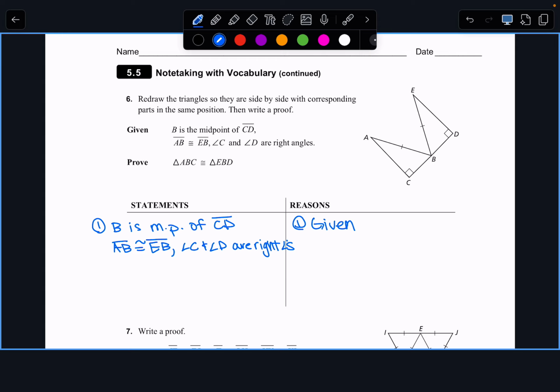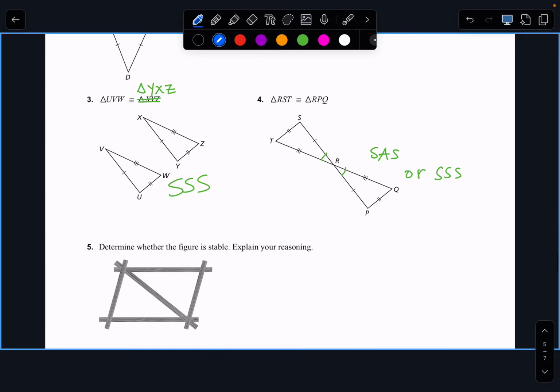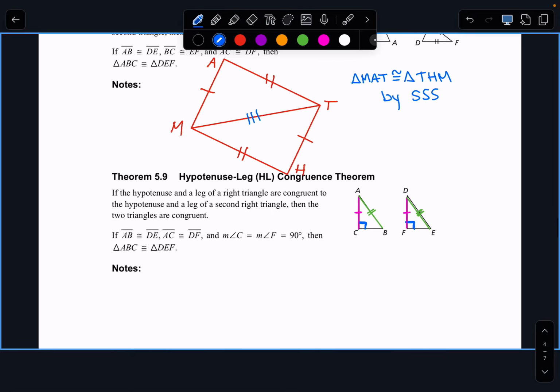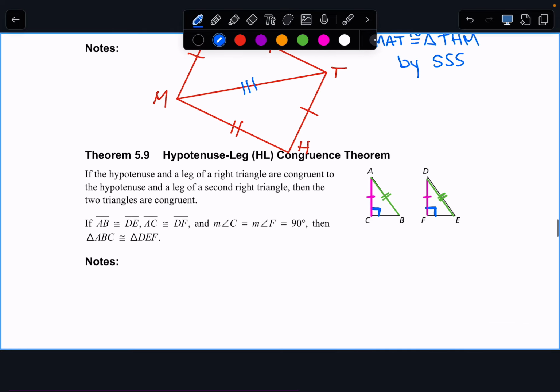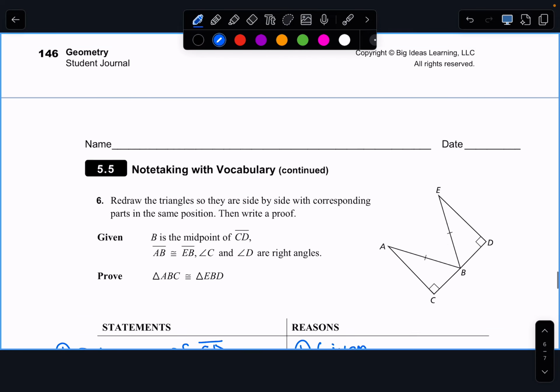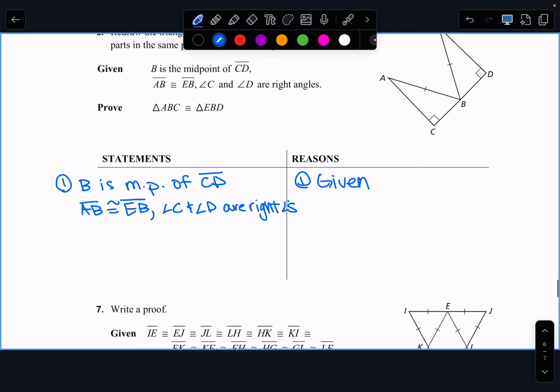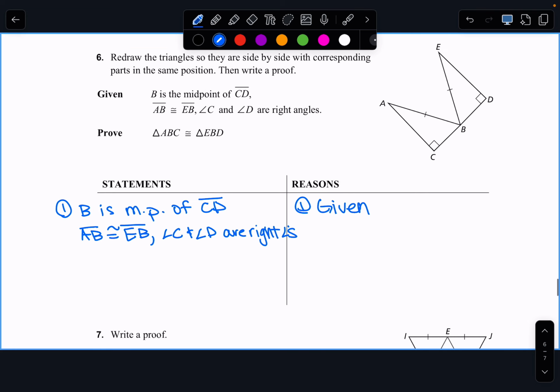hey, we have right triangles. Show the right triangles. Because we have to have, because that's just the way it is. So how about this? We have to actually say we either have to say they're 90 degrees or we have right triangles.